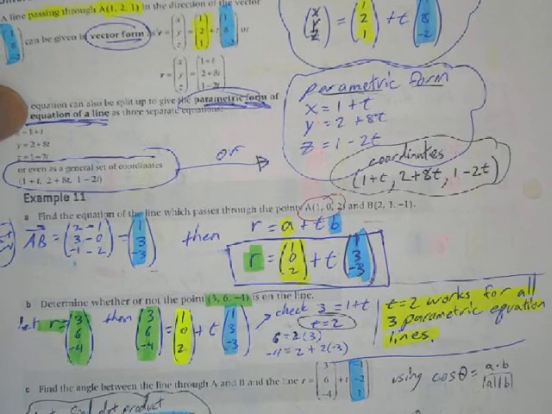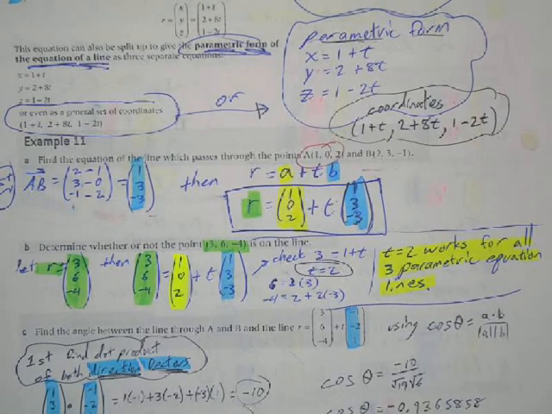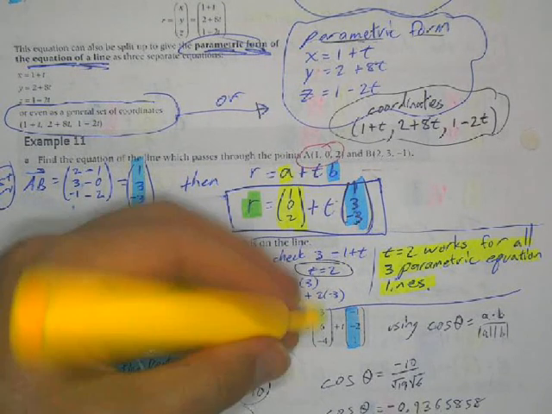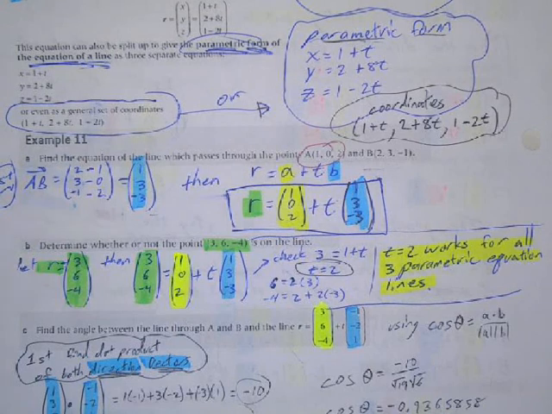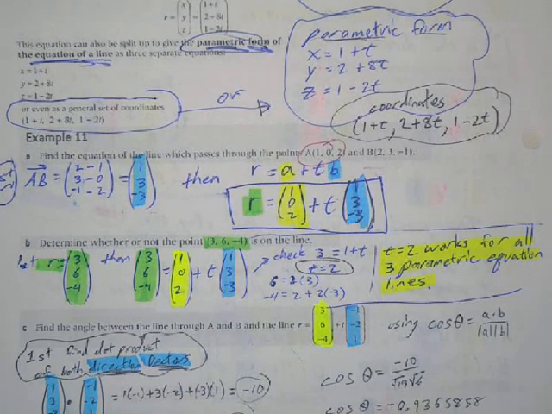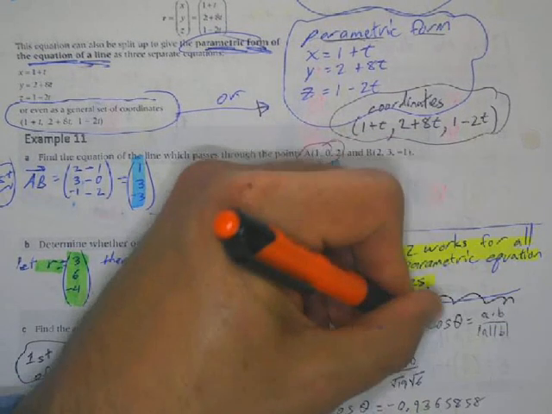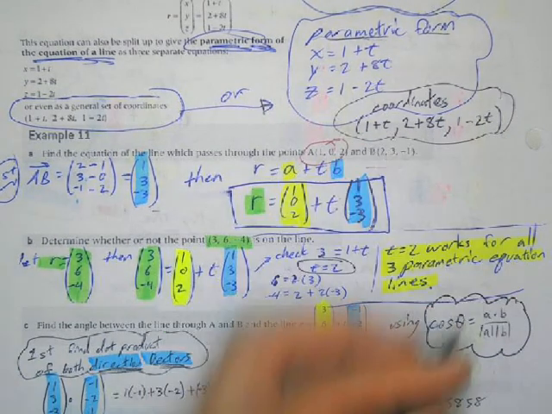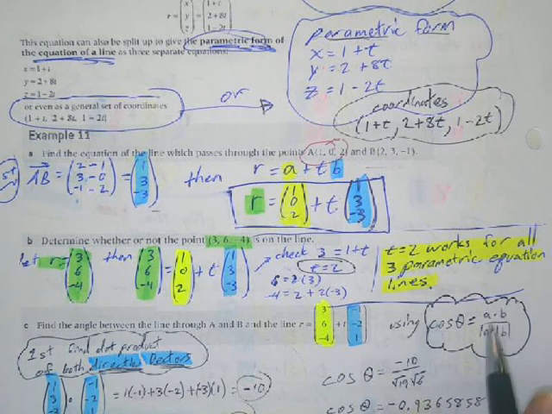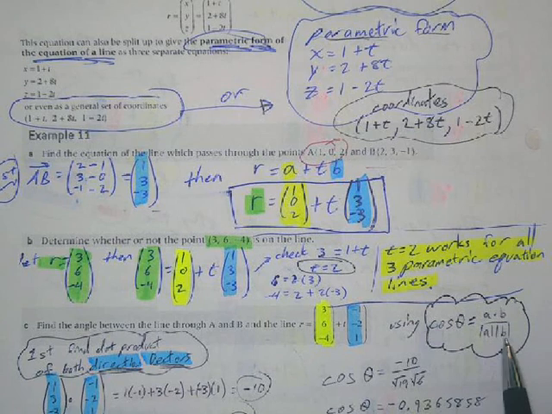You might want to hit pause to think about that some more. Okay, find the angle between the line AB and this line here. The first thing we need to do, remember from a previous handout, is the formula cosine theta equals the dot product of the two vectors divided by the magnitude of one vector times the magnitude of the other.